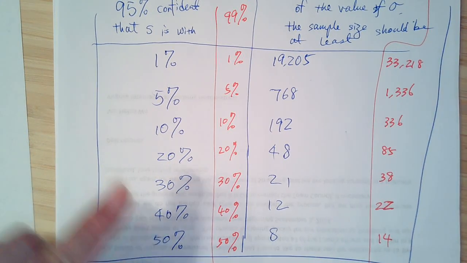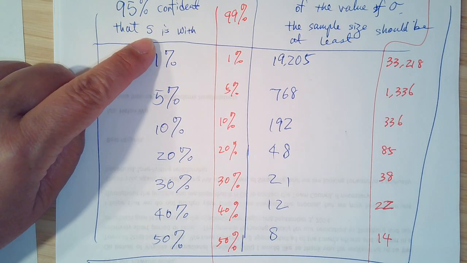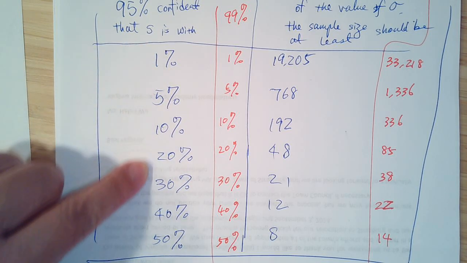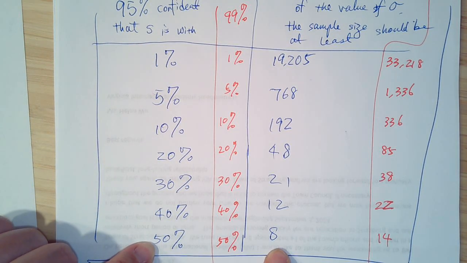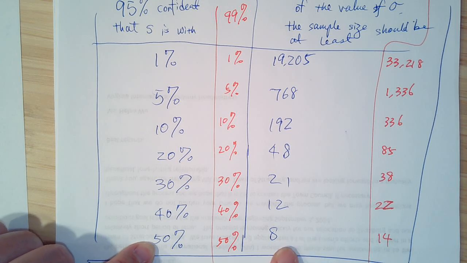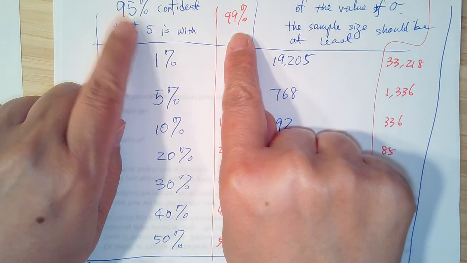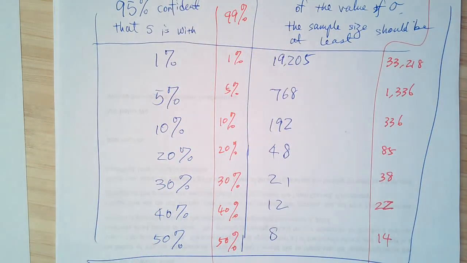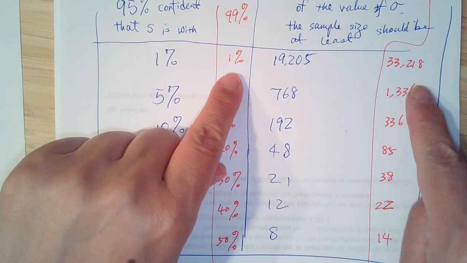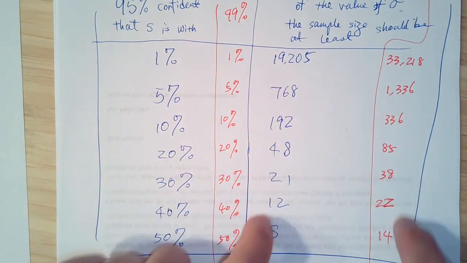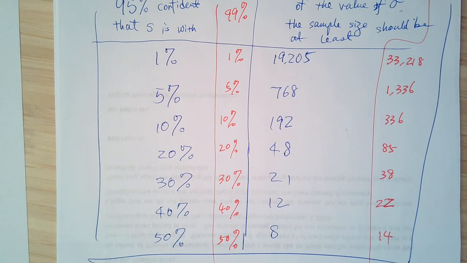And the other thing I want you to know is if you want the margin of error to be greater, then you only need a smaller sample size. If you want to increase your confidence level from 95 to 99, you want to be more confident, then the larger sample size you would need. So you just get this rough idea.